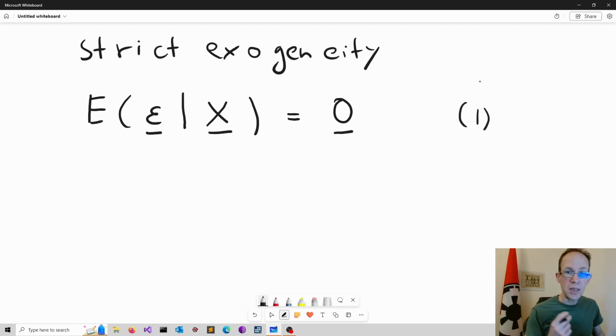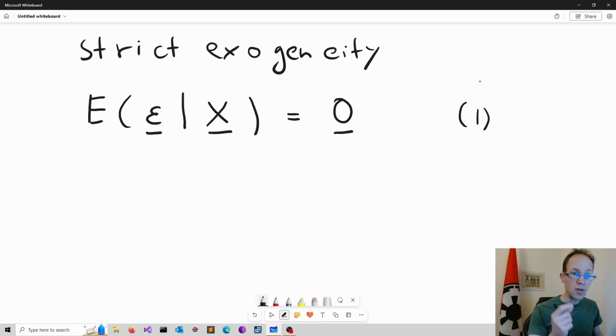Note that equation 1 uses column vectors with dimension n times 1. Hence the equation states, for n observations from i equal to 1, 2, up to capital N, that the conditional expected value of the error term epsilon i, given that we observe the data matrix, is equal to 0.